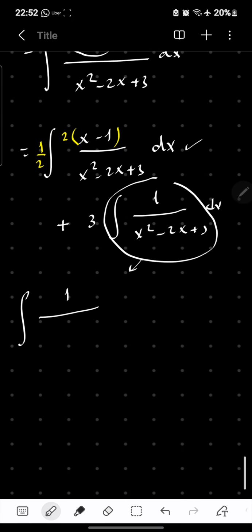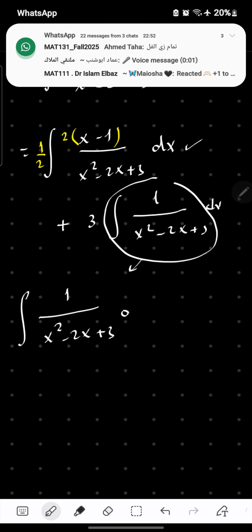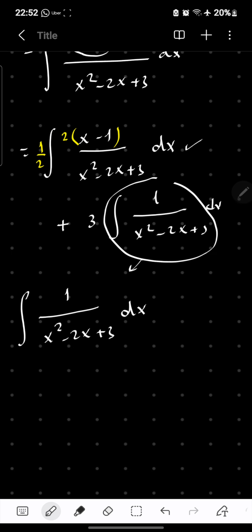Integration of 1 over x squared minus 2x plus 3. Still I cannot factorize the denominator. So what should we do? We will complete the square of the denominator. How can we complete the square? It's x minus half of this number, which is 1, squared.